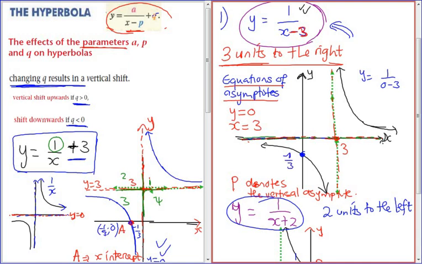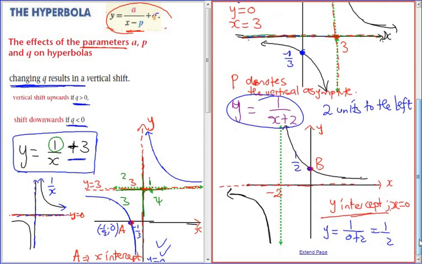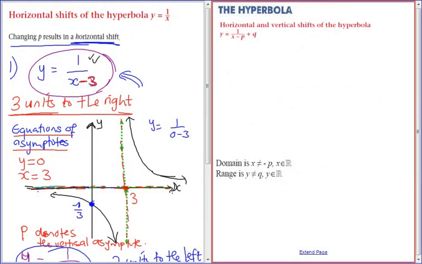So I hope you are seeing what's going on here, because now I'm going to give you a graph that has everything inside, A, P, and Q. And then you can see how to sketch such a graph. Okay, so now that we are here, we have everything. Now I think it's about time I also talk about the domain and the range, but let it wait for a second.